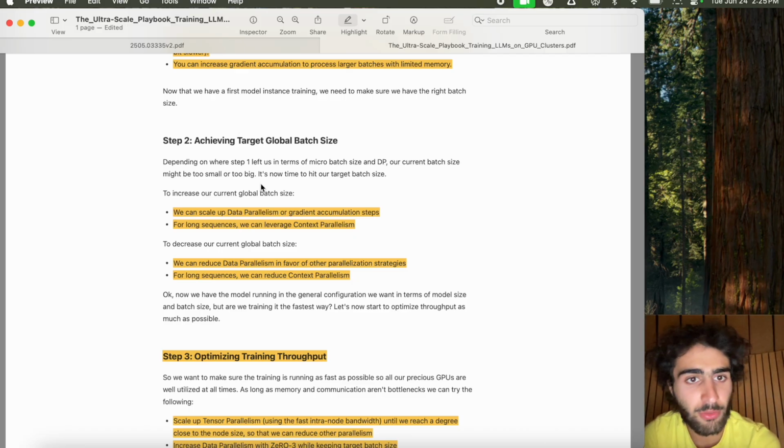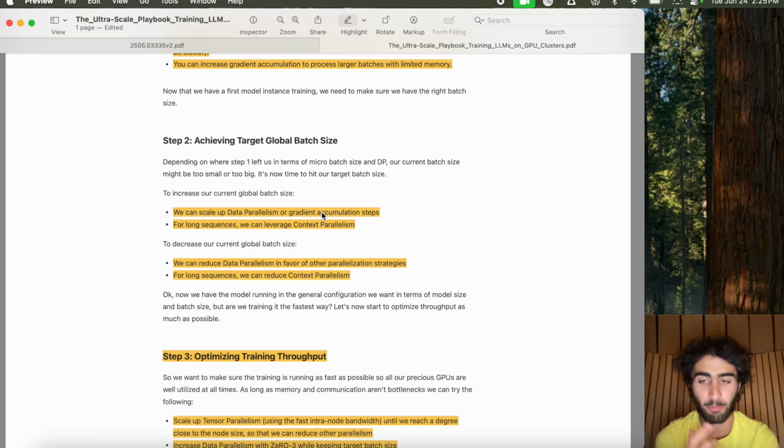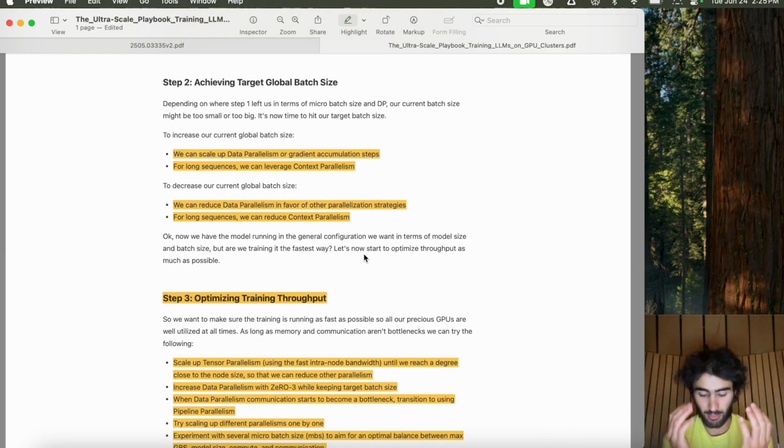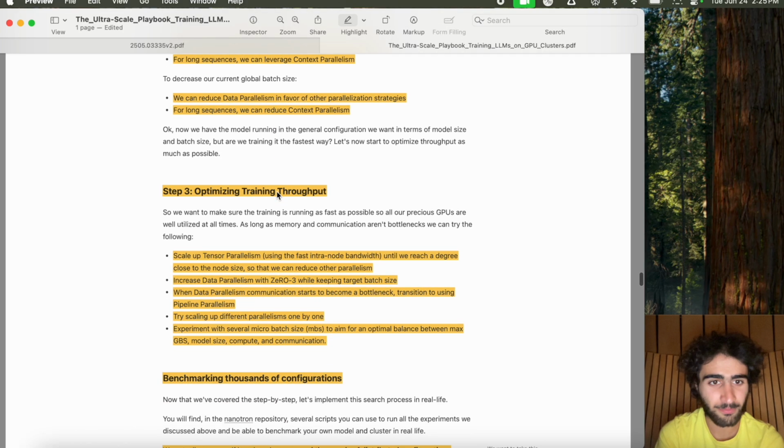But anyways, if you want to increase the current global batch size, you can just simply scale up data parallelism or gradient accumulation steps. So just run more batches per training step and then average over those batches when you use the gradients to update the weights. And we can also just use context parallelism to split up the sequence in the multi-head self-attention layer. And it's just the opposite of that if you want to decrease our global batch size.